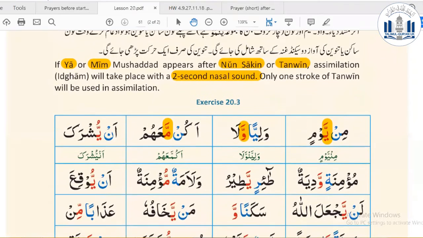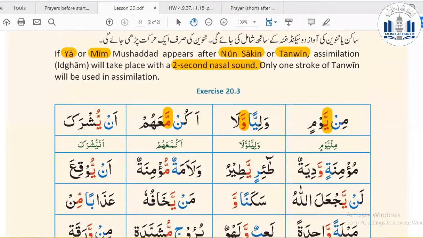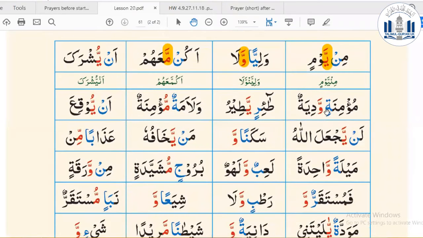We just read that if waw mushaddad appears after a tanween, a 2-second nasal sound will be produced. So when you read this, instead of saying it plainly, which is wrong, you would produce the nasal sound.